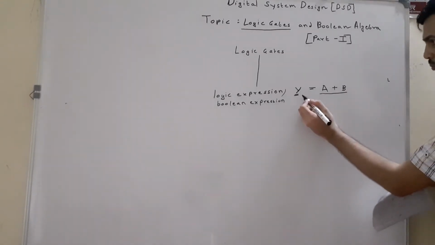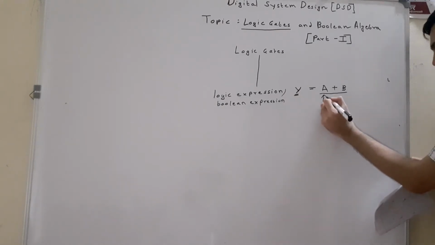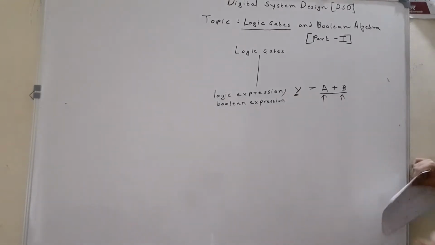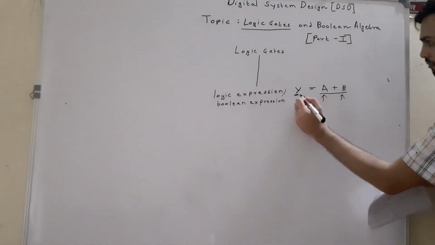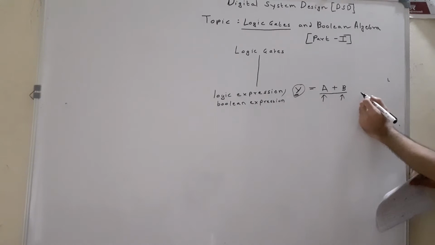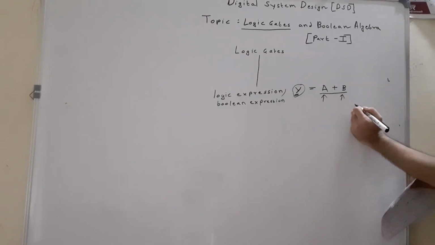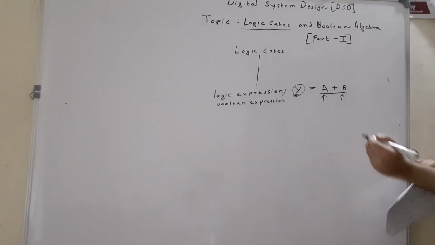So what will be the output of this system? Addition of two inputs. These two are the input digital signals, and their logical addition will be stored in the output variable y. So this is nothing but a simple logical expression or Boolean expression, and the circuits which implement this type of expression in practice are known as logic gates.